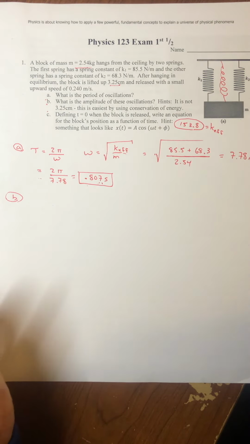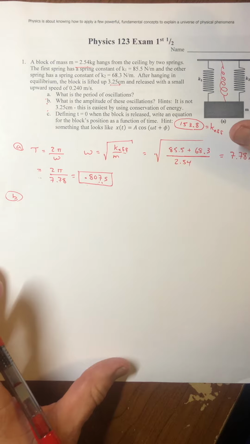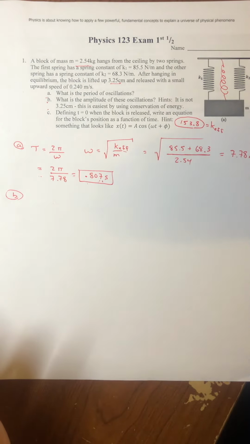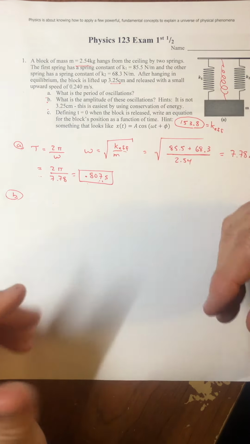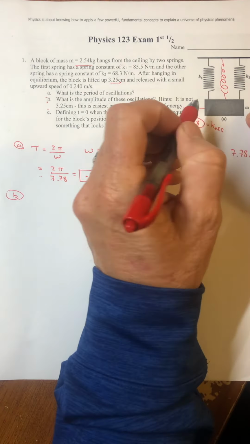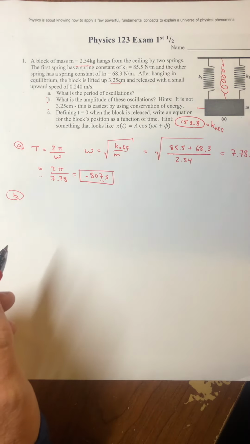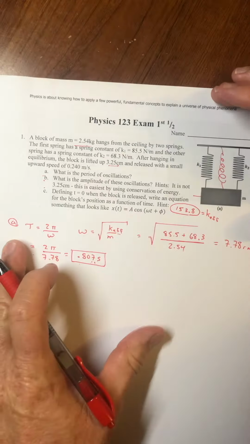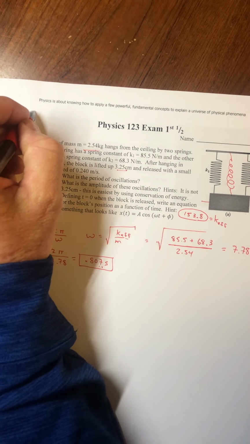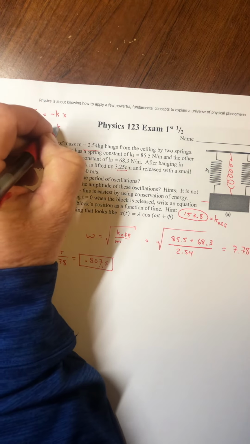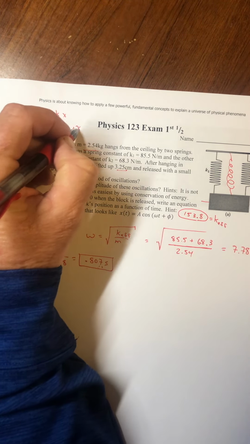Then when we got into the vertical spring, we at first thought about the force from the spring and the force of gravity, and then realized that the extra force of gravity was counterbalanced by the extra stretching to a new equilibrium position. For the vertical spring, we said the force from the spring was minus kx, where x was made out of two pieces.